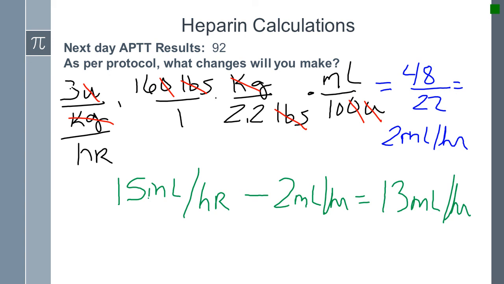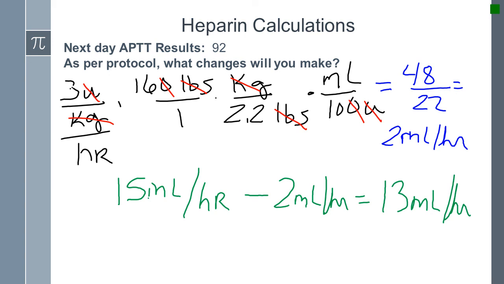So we have 2.2 or 2 milliliters an hour change. And since we were over 90, we were decreasing. So we were at 15, because remember we started at 13, then we added 2.